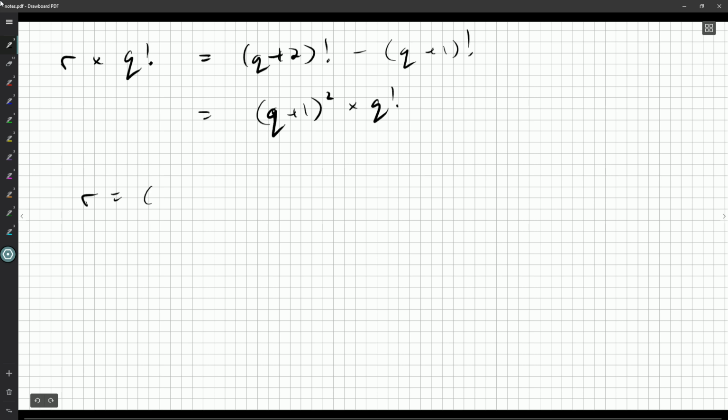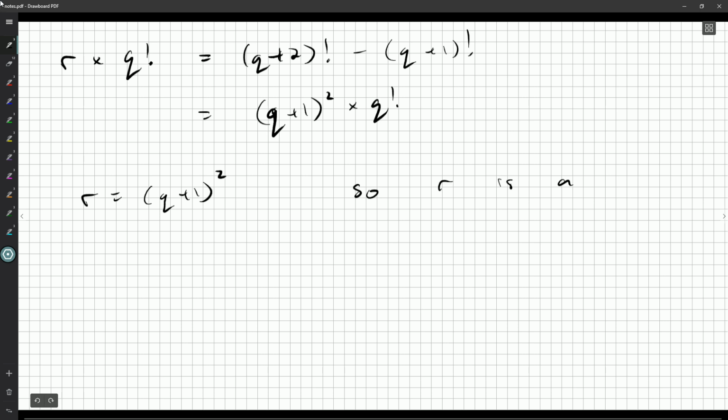Okay. So R times Q factorial, which by definition of what R is, is this difference. But we just showed that that's going to be Q plus 1 squared times Q factorial. So we conclude that R is always going to be Q plus 1 squared.